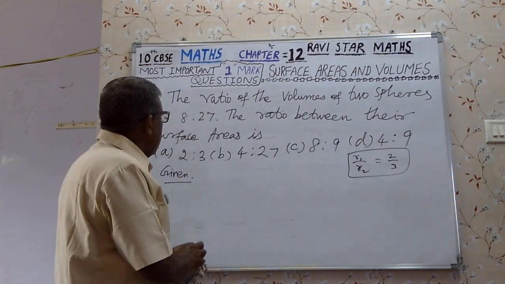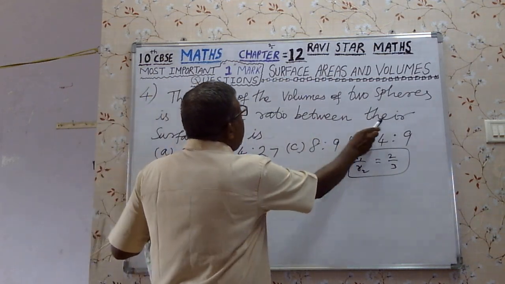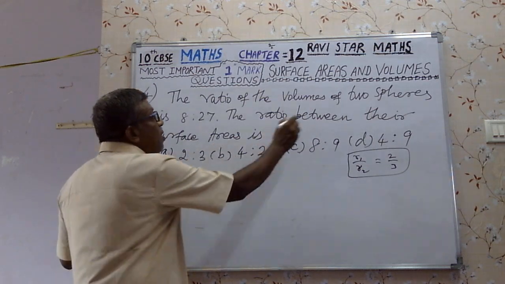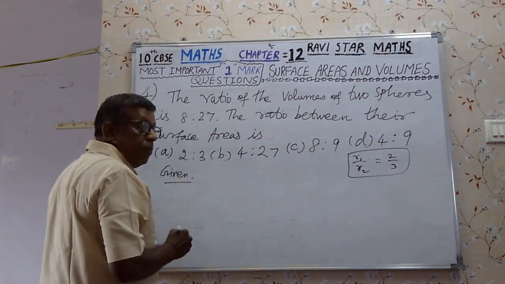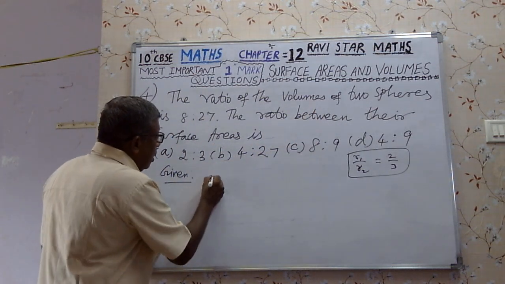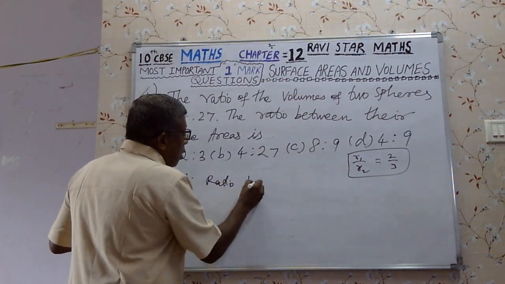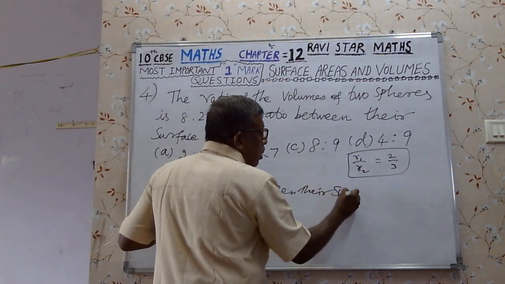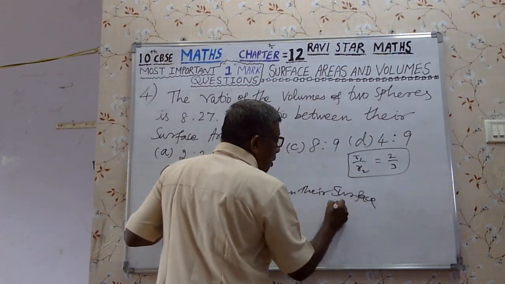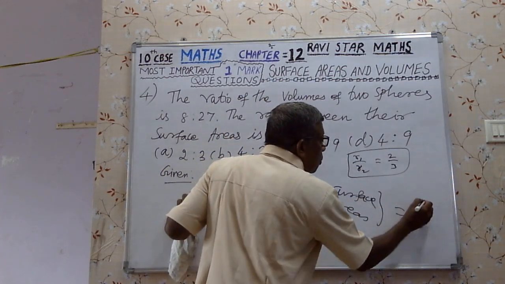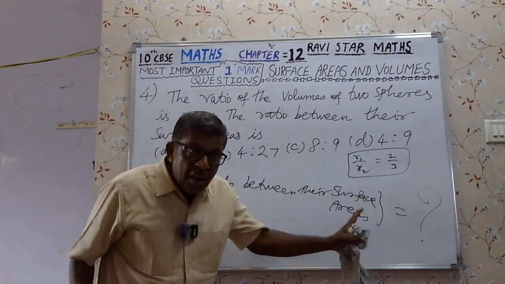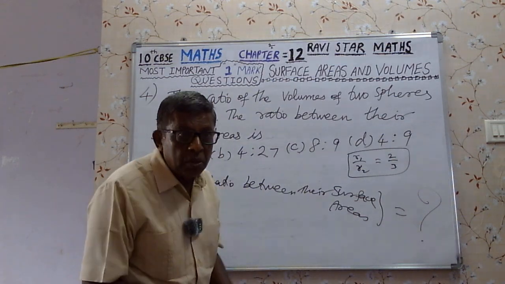Now what is the question? The ratio between their surface areas. The ratio between the surface areas of the two spheres is the unknown we want to find.